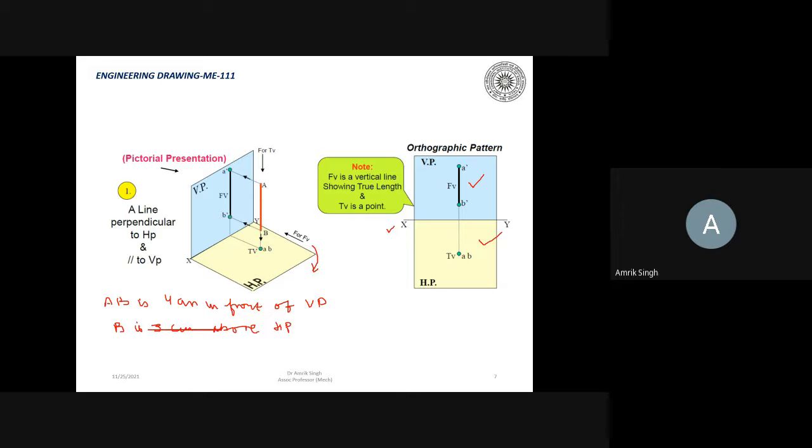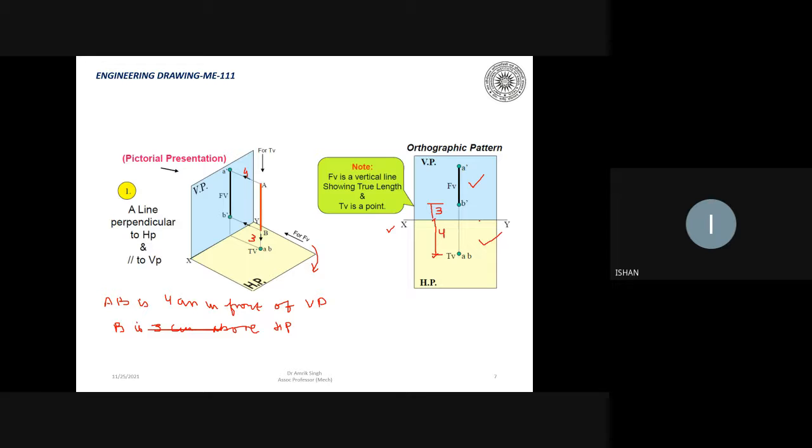So how to locate this? This distance is 3 centimeter. And it is 4 centimeter in front of VP, so this is 4. So when you see in the projection, this will be 4 centimeter and this will be 3 centimeter. I think it is clear to everybody now.